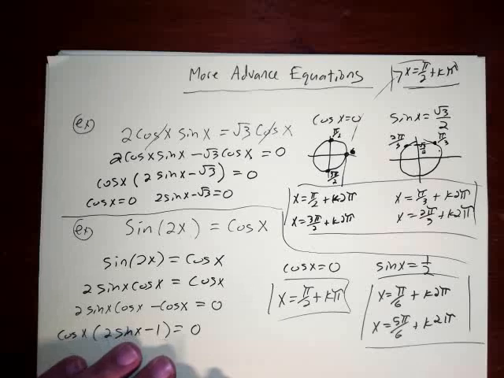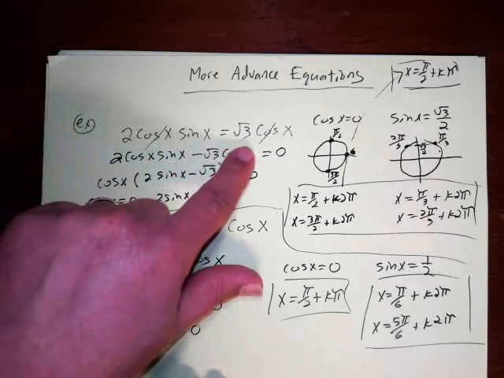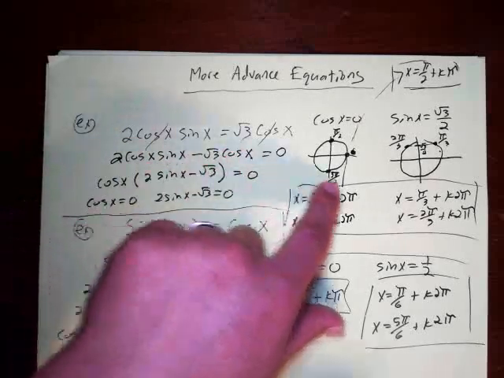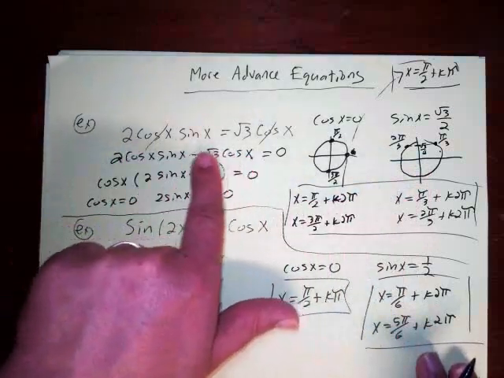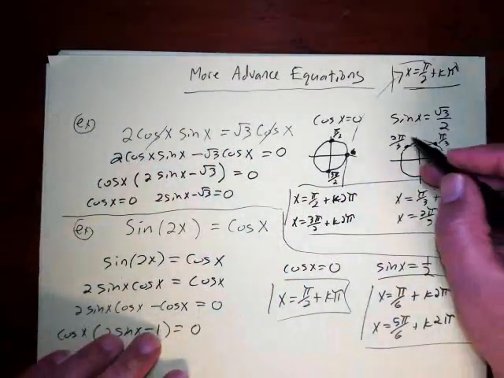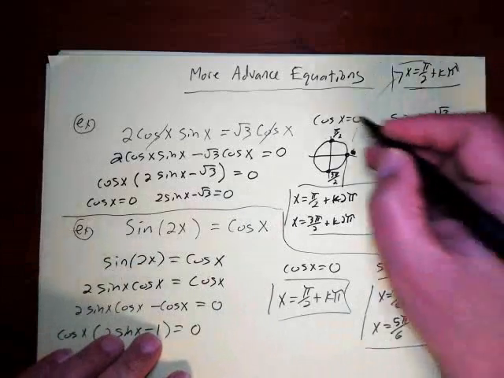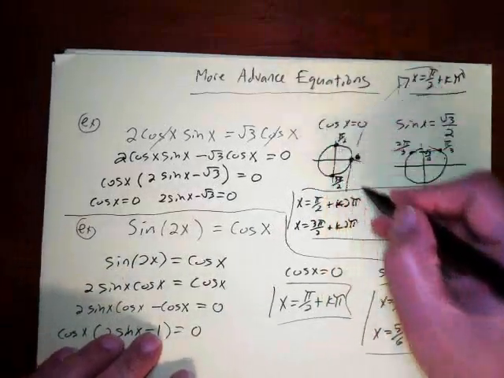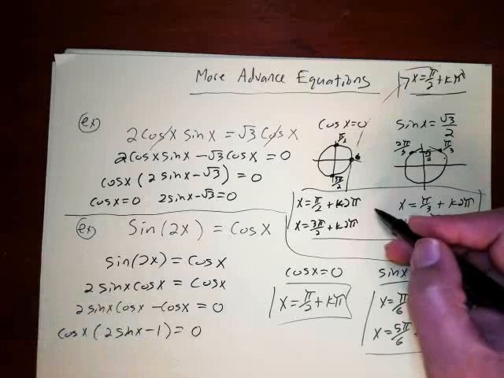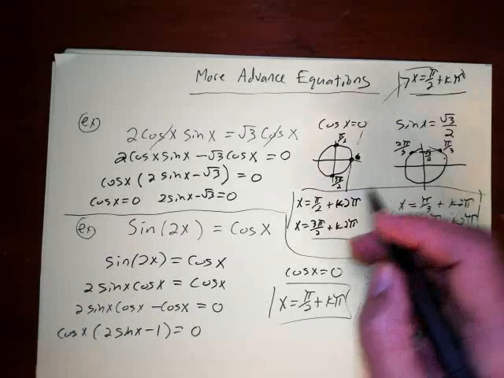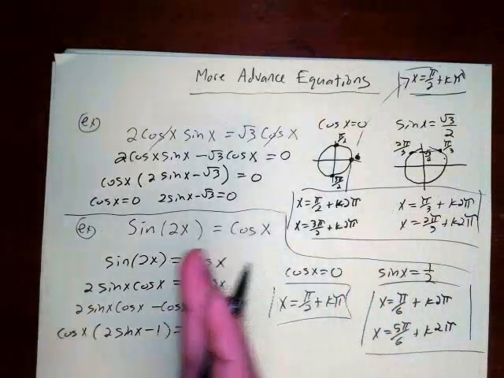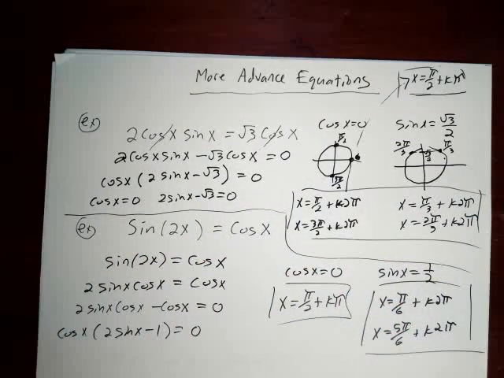But if you do that, then you would get 2 sine x is equal to square root of 3, and you divide both sides by 2. You would get this equation, but you would miss out on all of these solutions here. Okay, so you never cancel out a trig function. You always bring it to the other side and factor it out. Okay, and so that's important.